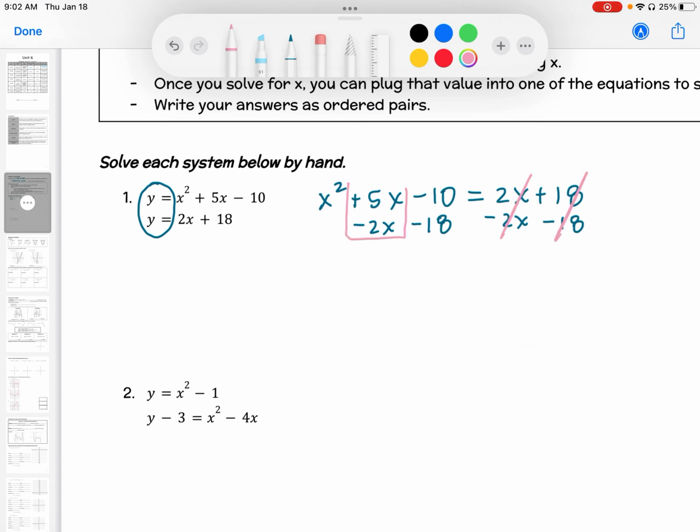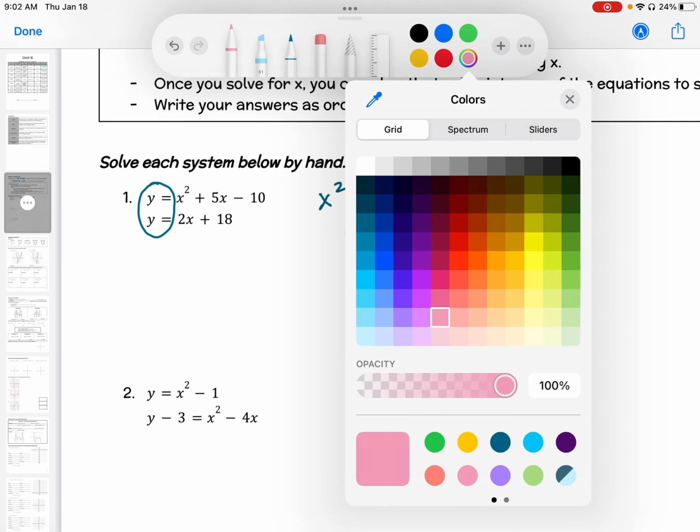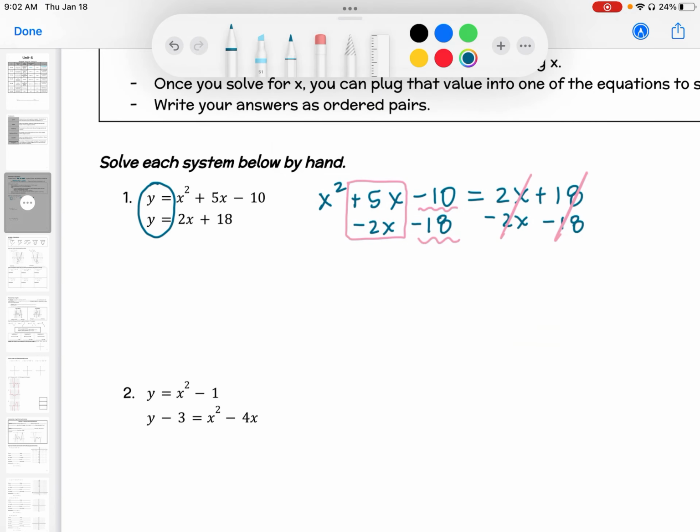These two right here are going to be like terms, so we're going to add those, and then these two will be like terms. Okay, so we'd be left with x squared. 5x minus 2x would be plus 3x. Negative 10 minus 18 would be negative 28, and that equals 0.